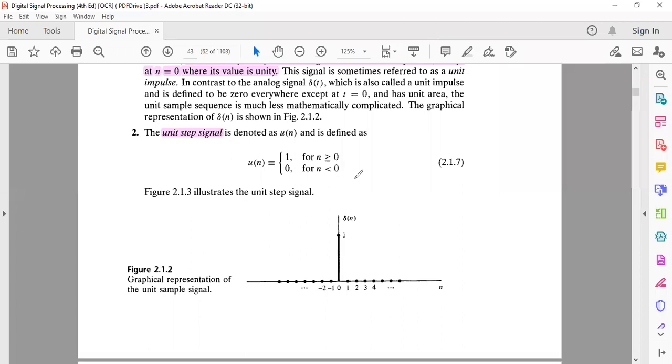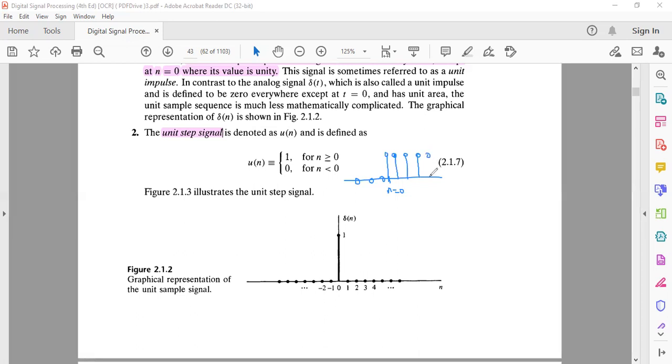If we say that this is n equal to 0, the values below 0, this function is 0, but when the value reaches 1, every one of the values above this becomes 1. You see that?